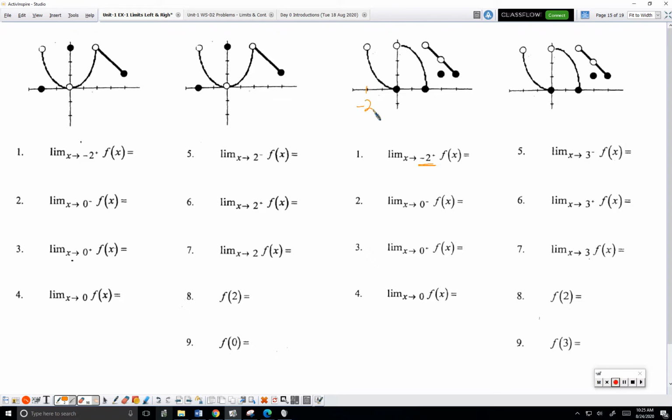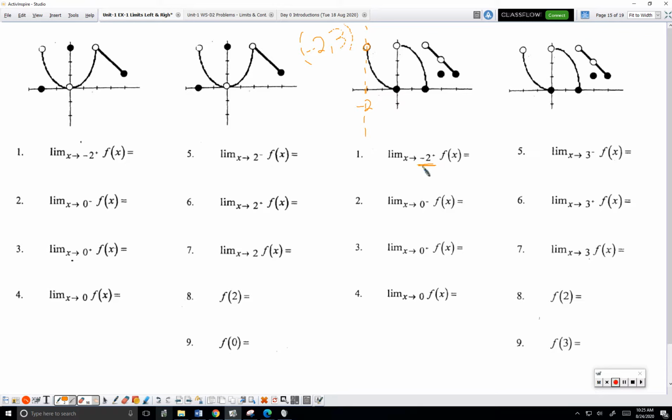I look up and down, and I notice that at exactly x equal -2, there is no dot at all. This open circle, that's a missing point, it's my ghost point. That's at x equal -2 exactly. I don't know how to draw that very well. And it's also at 3 exactly. So that's the ghost point.